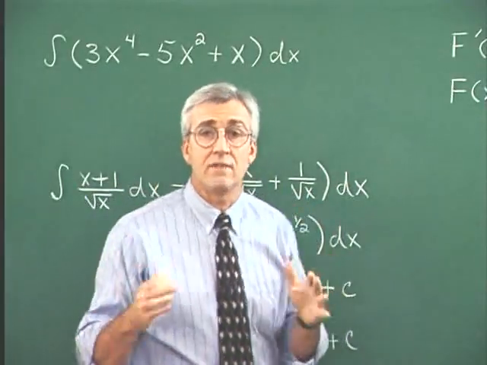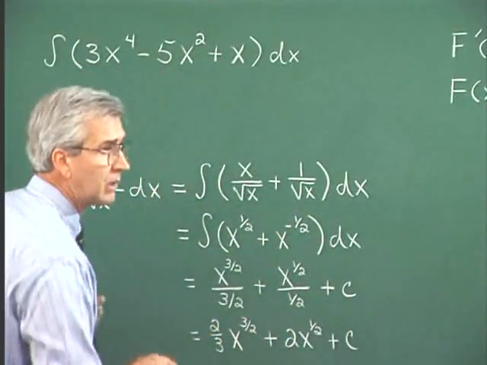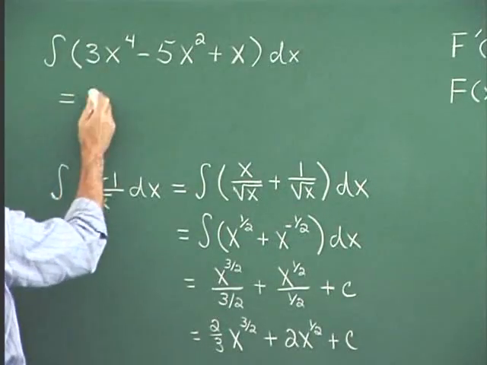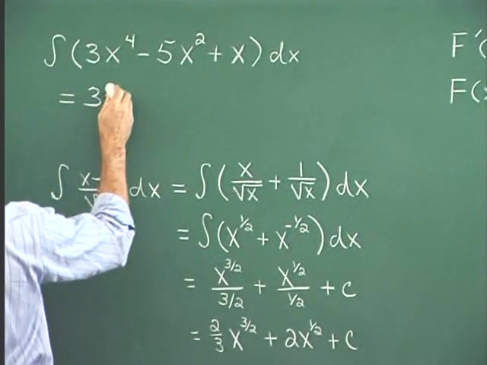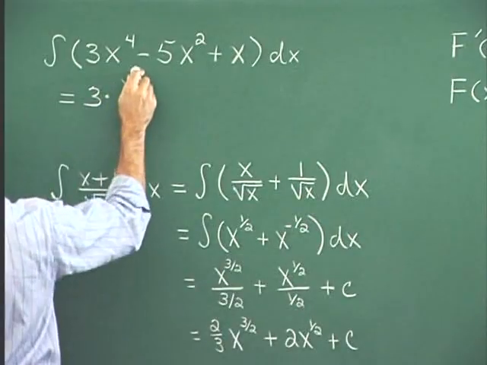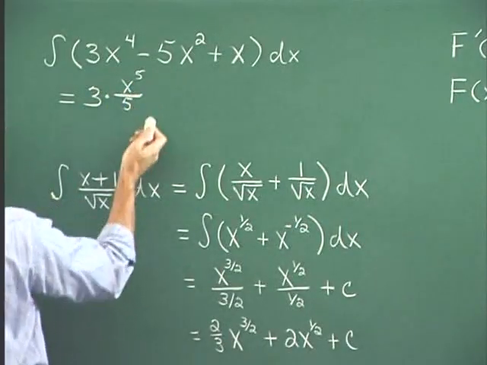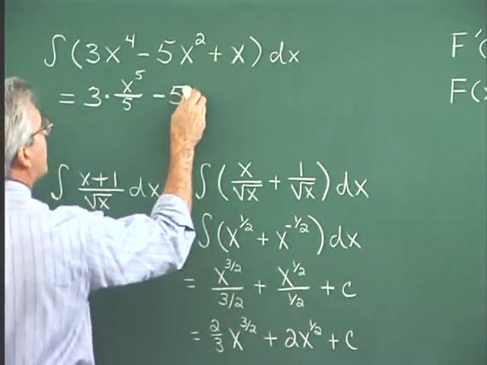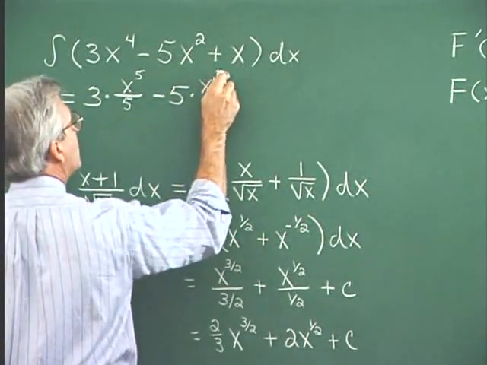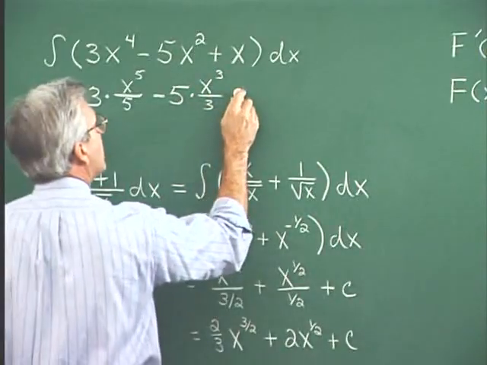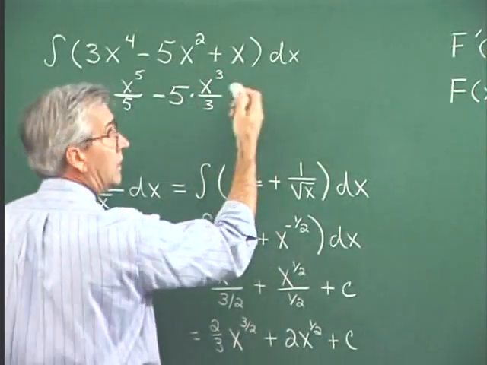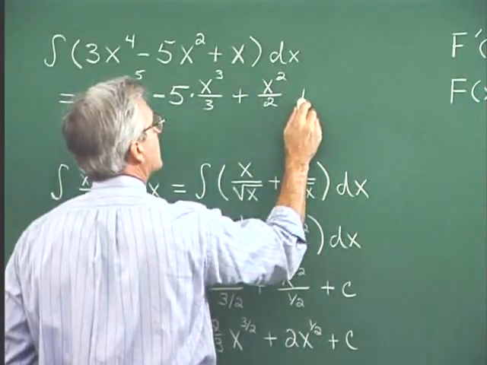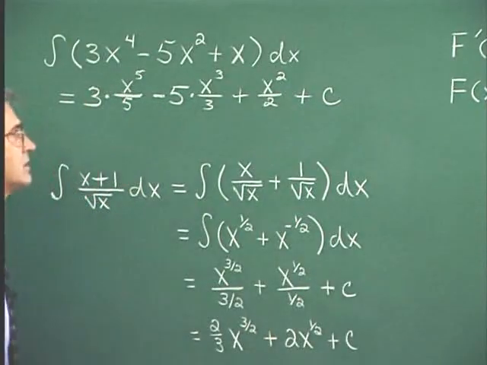We just understand that we can take the integral of each of these separately, and we just march through and do that. So this then becomes, let's see, 3 times x to the 5th over 5, you see, and then minus 5 times x cubed over 3 plus 1 times x squared over 2, and then just a general plus c, you see, at the end here.